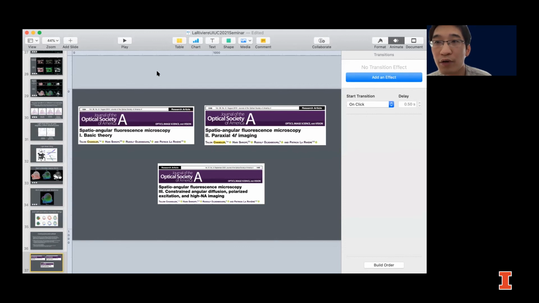So I saw a question from the audience in the chat. The question is, how do the polarization-sensitive dyes maintain their orientation relative to the structure? Yeah, that's the key in the design of the molecule.